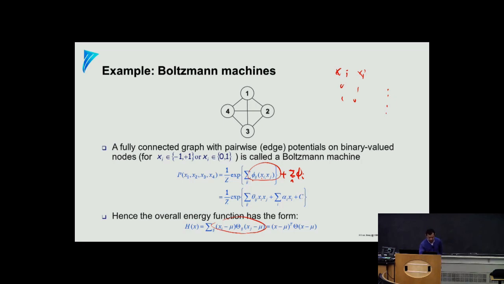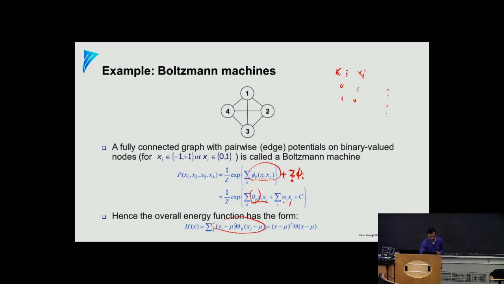And here is one way. We basically just define the pairwise potential to be the product of the two states multiplied by a weight, theta. And define the singleton potentials to be the numerical value of that state multiplied by another weight, alpha. And that actually allows you to express the whole energy function a lot more tightly as a linear algebraic product.